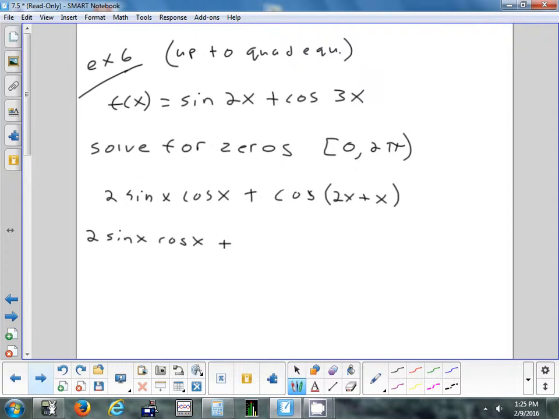Now we need to split this using our cosine sum. So that's cosine, cosine, minus sine, sine. Any questions up to that step?